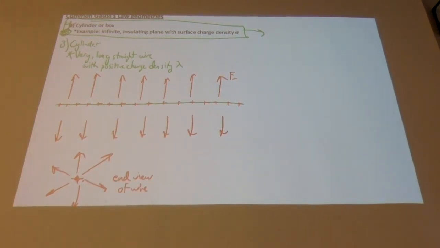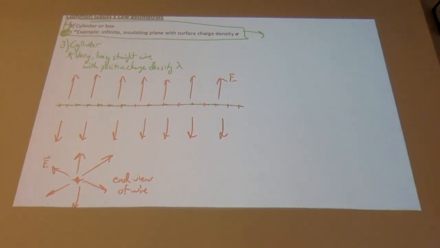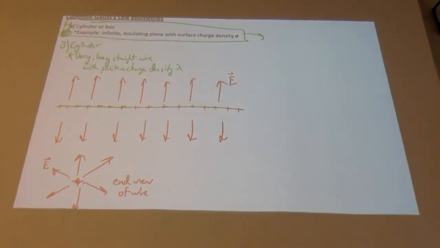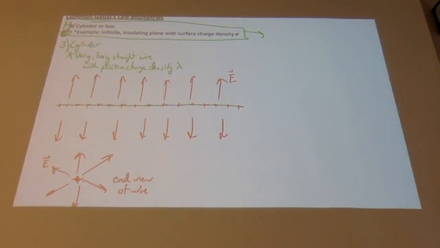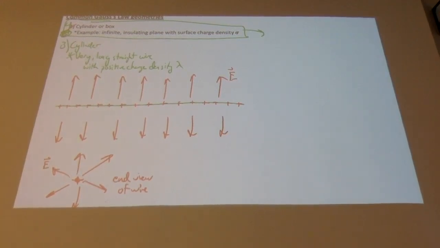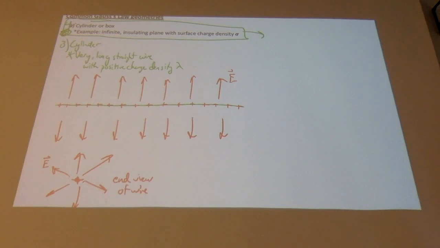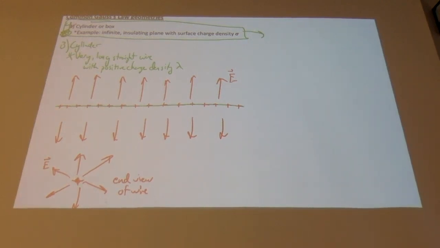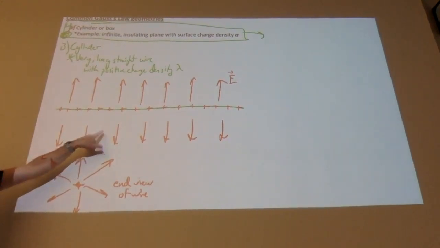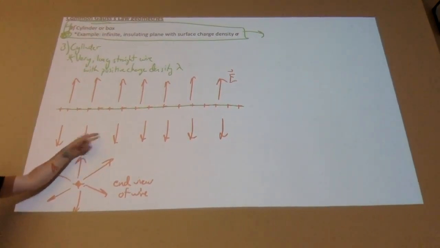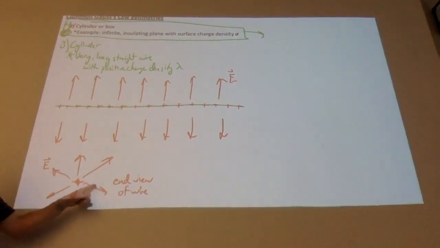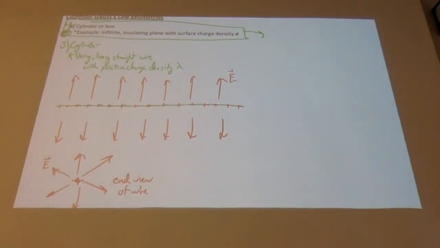And I should label that electric field too. There we go, electric field, electric field. So we're going to try to find an equation or formula or an expression that tells us the electric field some distance away from the wire on any side. We're going to go to some distance r away from the wire and find the electric field.